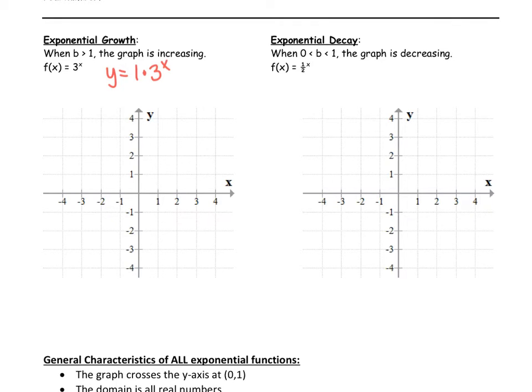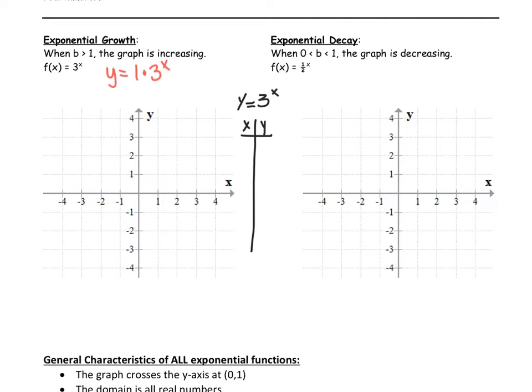Okay, so what I want everyone to do right now is type this into the calculator, just the way you see it, into the y equals. So we're going to put in y equals 3 to the x. All right, so type that in. And then we want a table of values, x and y. Now, we're going to do a quick sketch of it. We have values from -4, -3, -2, -1, 1, 2, 3, and 4.